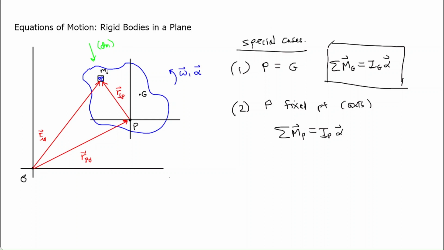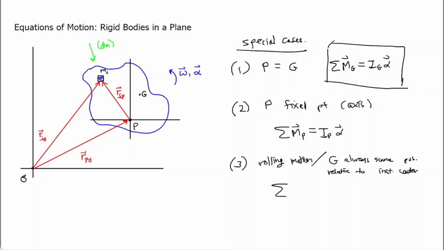Okay, and we can end up using the parallel axis theorem again to combine those two terms into an I sub P. Okay, now the third one is that if you have a very special case with rolling motion where the centroid is always in the same position relative to the instantaneous center.